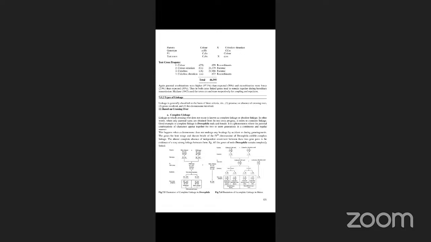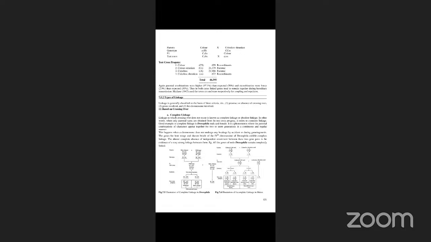In other words, when only parental types are obtained from the test cross progeny, it refers to complete linkage. When there is no crossing over or recombination, you cannot find any new phenotypes or new characters, only parental characters. That is complete linkage.